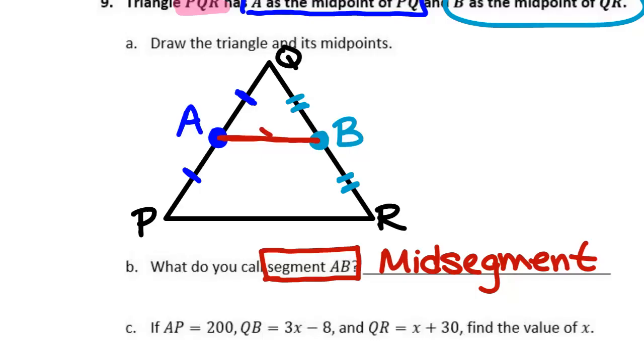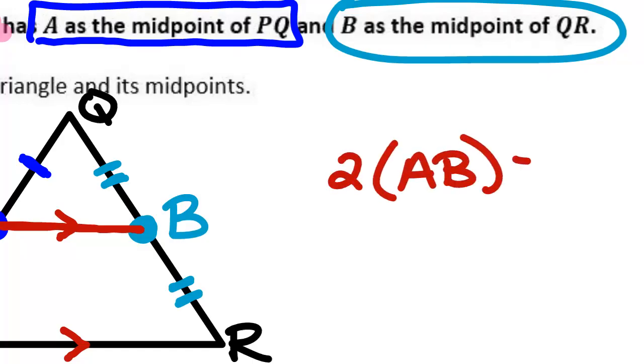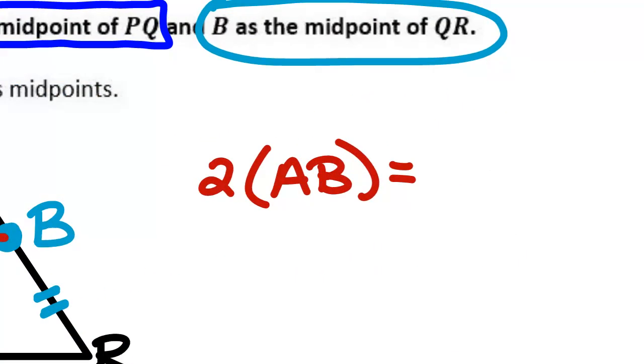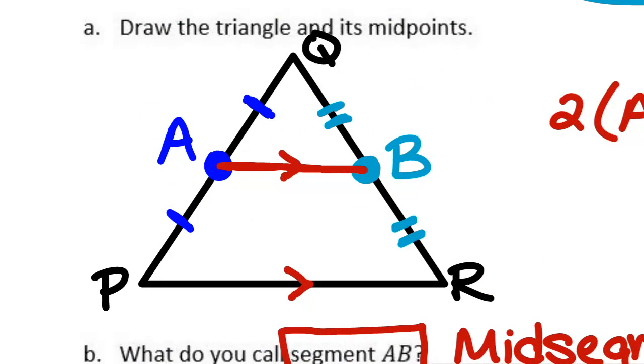And we know that this is parallel to this. I know that 2 times AB is equal to PR because AB is a mid-segment. All right, let's look at what else they tell us. It says that AP is 200.